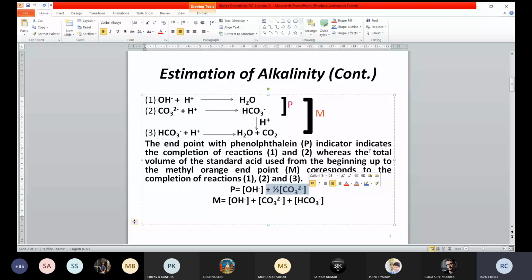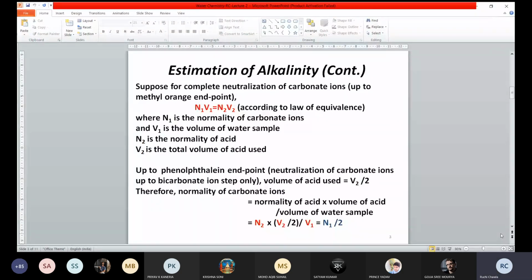Let us try to understand how that half carbonate concentration factor has been used in the first equation. So for that, we will have to apply the law of chemical equivalence. In fact, that forms the principle or the basis of volumetric titrations.